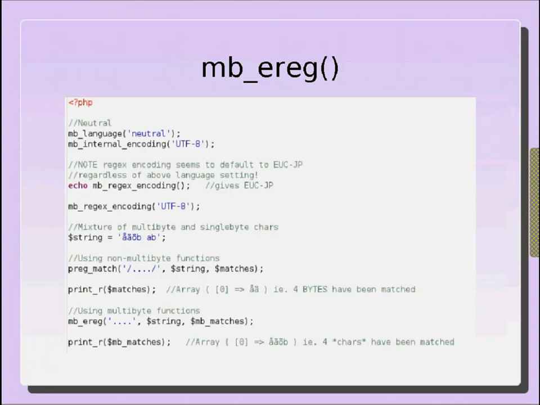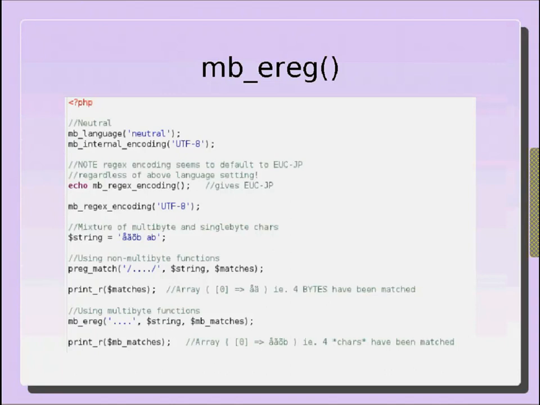Okay, so let's do that, and then you can see, well, it's only giving us 2 characters. What's going on here? Well, like we saw with the functions at the start, the string length and the string position and so on, it's basically working in bytes. So it's correct. It's giving us 4 bytes, but 4 bytes in this case is only 2 characters. So as far as wanting 4 characters is concerned, it's not working out.